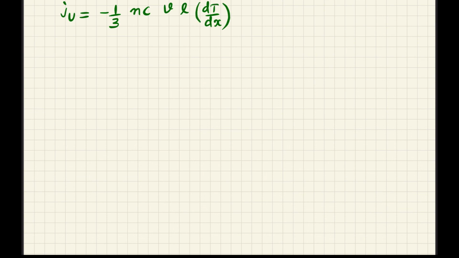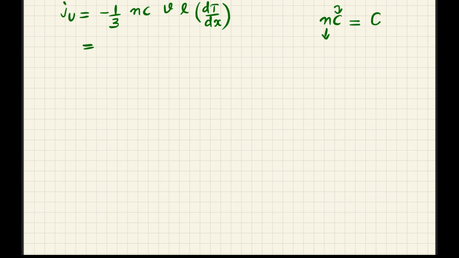Okay, now you can see that n into c, where n is the concentration of the particles, the number of particles per unit volume, and c is the heat capacity of a single particle, so this n into c will be the capital C, the specific heat capacity at constant volume of the material.